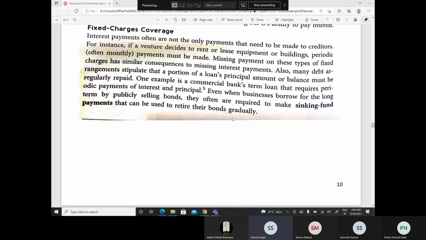Also, many debt arrangements stipulate that a portion of a loan's principal amount or balance must be regularly repaid. One example is a commercial bank's term loan that requires periodic payments of interest and principal. Even when businesses borrow for the long term by publicly selling bonds, they often are required to make sinking fund payments that can be used to retire their bonds gradually.